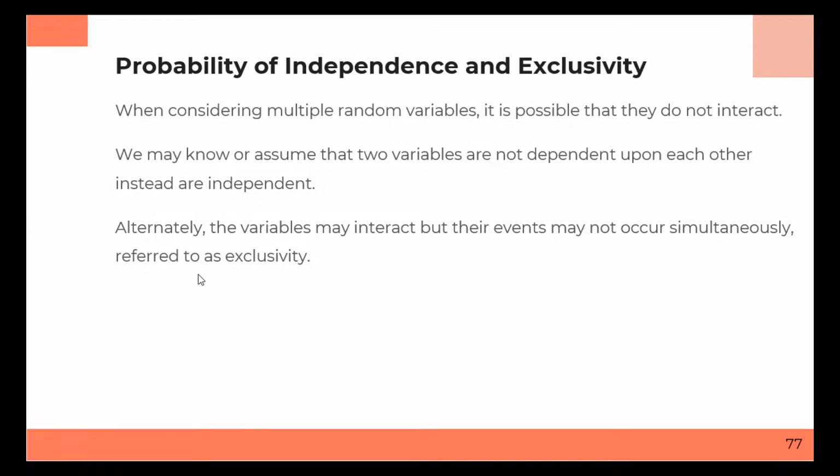That's what we are saying: exclusivity gives one outcome at a time, even if they interact. So that's what independence and exclusivity say about the probability of multiple events happening at a time or independent of each other.